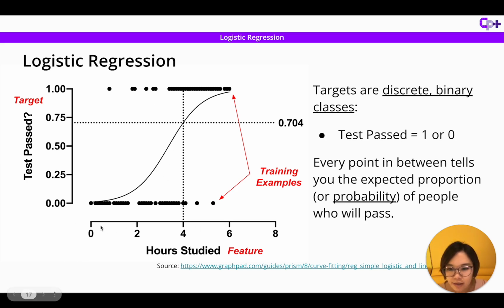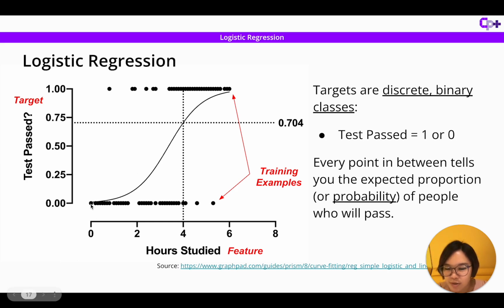The x-axis in this example is the number of hours you studied. Depending on the target feature pairs that you have, you will plot on this graph. It's a very strange graph, I understand. You plot either on this line here or on this line here, depending on how many hours studied.